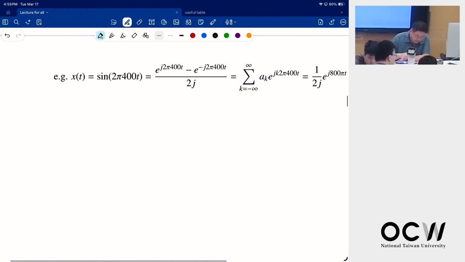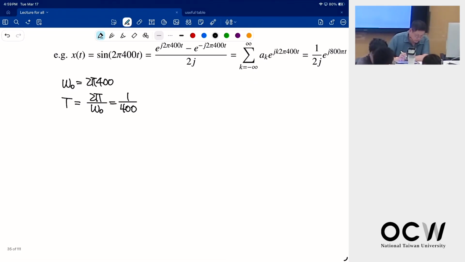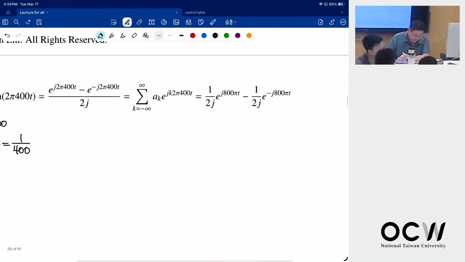The fundamental frequency should be 2 pi 400. So your fundamental period is 2 pi over omega naught, that is 1 over 400. And you can see that this 1 over 2j is A1, and this with the minus sign is A minus 1.